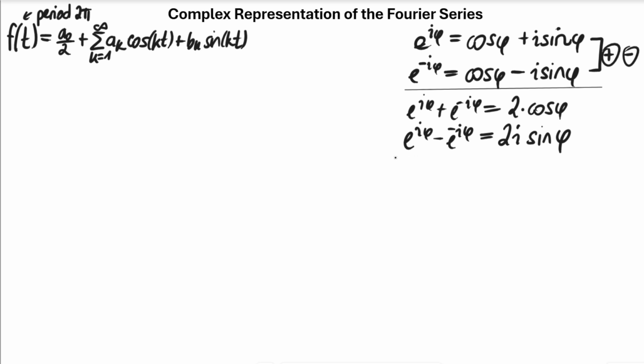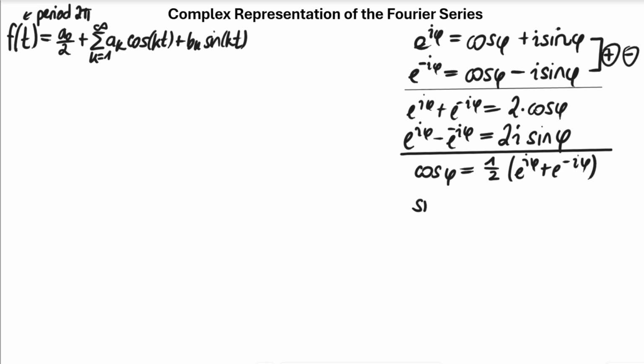So from these two equations, we get a representation for the cosine of phi in terms of exponential functions. So it is 1/2 (e to the power i phi plus e to the power minus i phi). And analogously, the same for the sine phi. Actually, you have here 1 divided by 2i, but 1 divided by i is minus i, so I directly write minus i half.